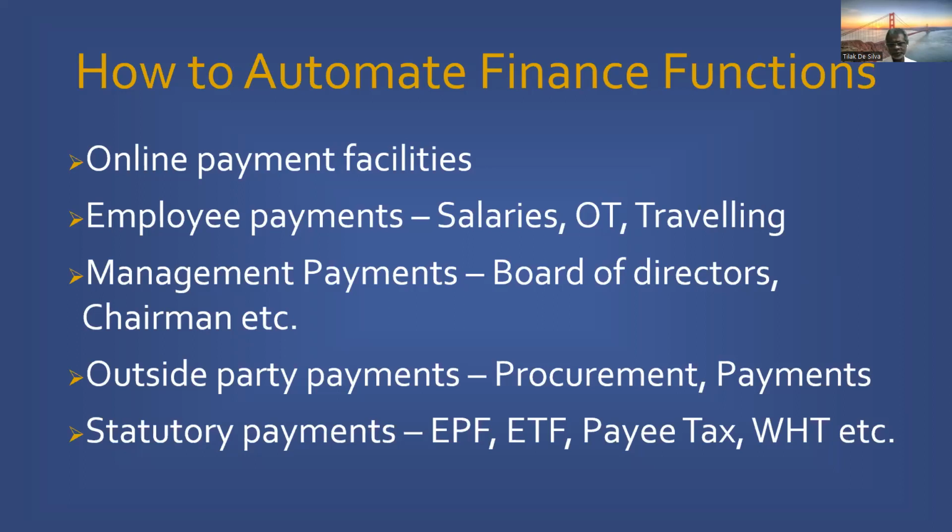You have the bank screen where you are making the payment. Normally, in the bank system, you have to register the person or the company you are going to pay in the online payment system.